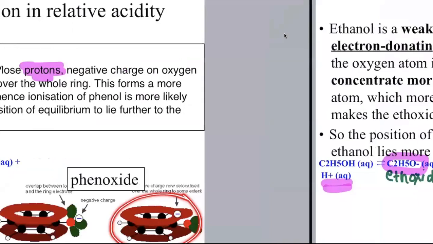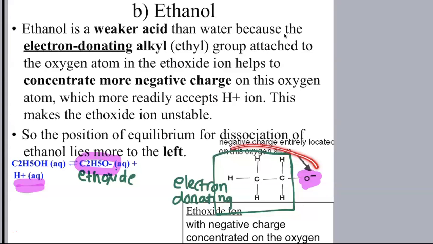Ethoxide is an unstable anion, therefore it is less likely to be formed, less ionization, less dissociation, less acidic.